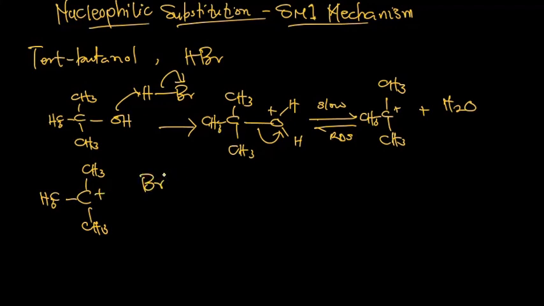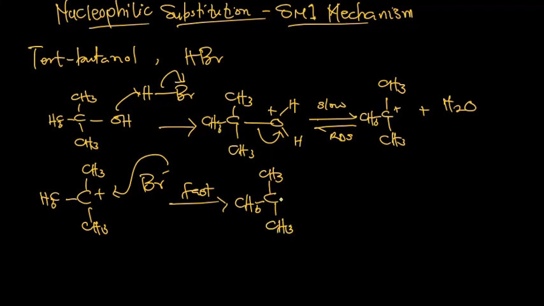And now the bromide, with an electron pair, attacks the carbon, and it's a very fast process, giving us the butyl bromide. So again, CH3, and then Br. So this is the butyl bromide. Alright, so this is the mechanism that takes place in SN1.